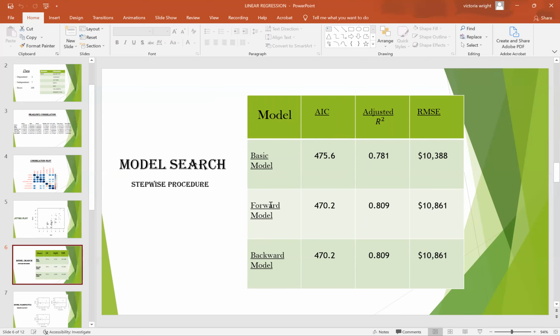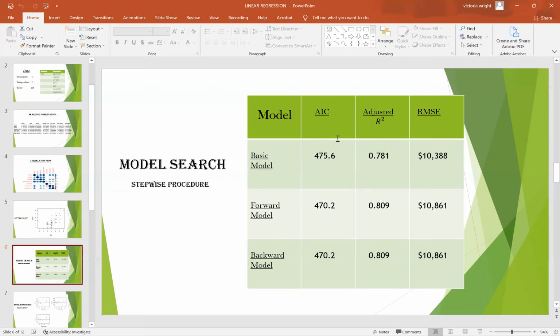And like you see, the AIC of the basic model is 475.6, adjusted R square 0.781, root mean square error 10,388. And the backward model and forward model give me the same results.